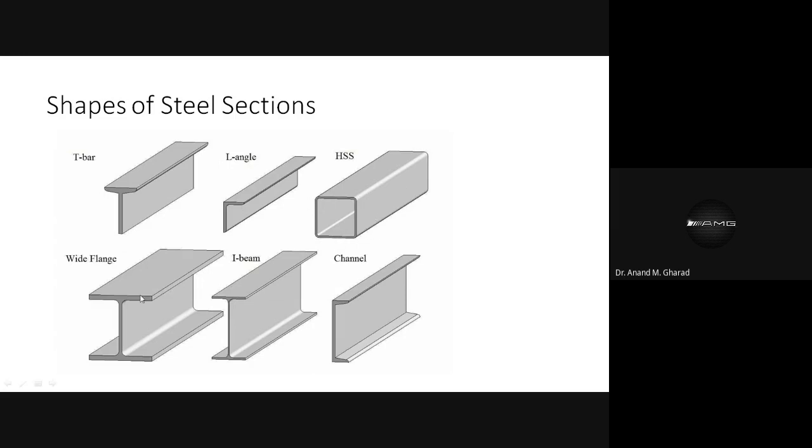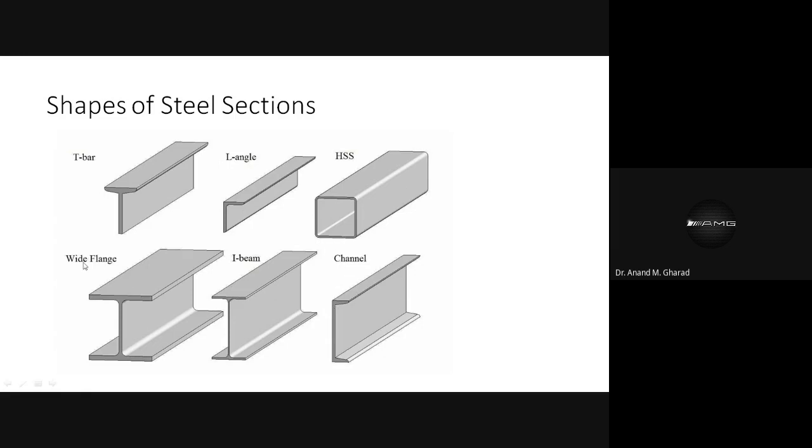Okay, this is known as I section, or it is also known as wide flange. So I will let you know what this flange stands for. This is also a type of I section, but over here, this is particularly known as I beam. I will let you know the reason or the difference between these two. And this is known as the channel section.